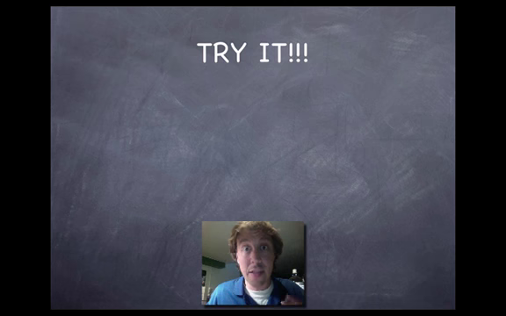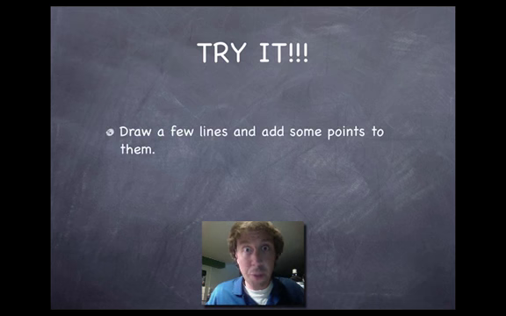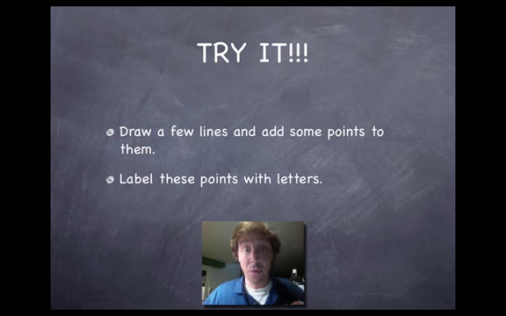All right, let's try it. I want to see you guys try this. I want you to first get a piece of paper, scratch paper from the recycling bin, or see what you can rustle up, anything you can write on, and draw a few lines. You can have them intersect at points, or you can just draw some lines and add some points to those individual lines. Then we're going to label those points with letters like we always do.